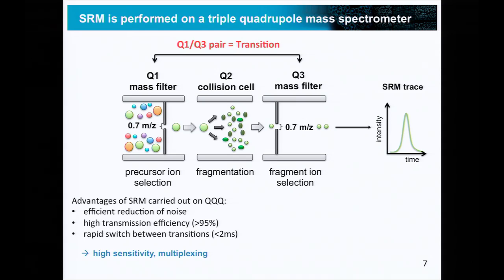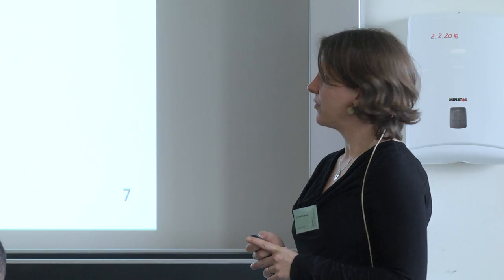So 95% of your peptide precursor or your fragment will actually be able to pass this quadrupole. And it's again a reason why you can measure quite sensitively. And the third advantage is that you can rapidly switch between these settings in Q1 and Q3. You can select different precursors and fragment ions, and this is why you can do this multiplexing, so you can not only measure a single transition, you can measure many transitions in one SRM injection.